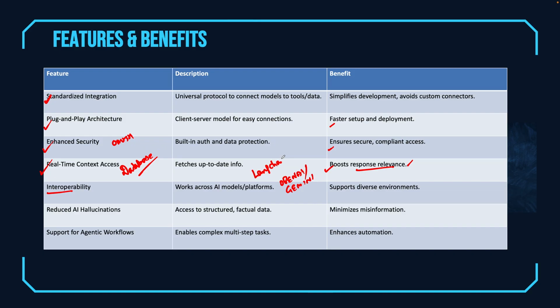Tomorrow I can use the same code in LlamaIndex, or I could use it in Azure OpenAI. That is the beauty. It can work across AI models, across platforms, and even across frameworks like LangChain and LlamaIndex. So the benefit is it supports diverse environments. Pretty good.